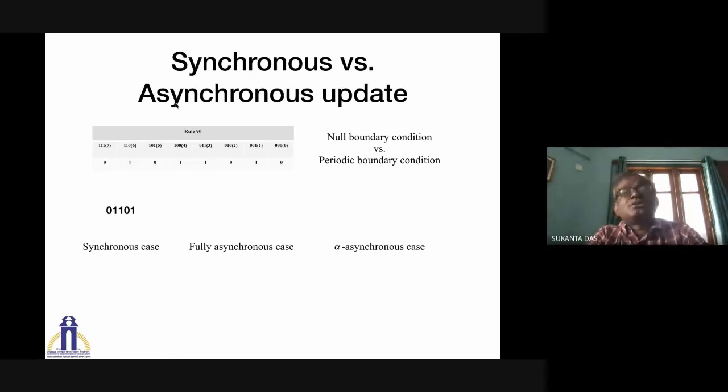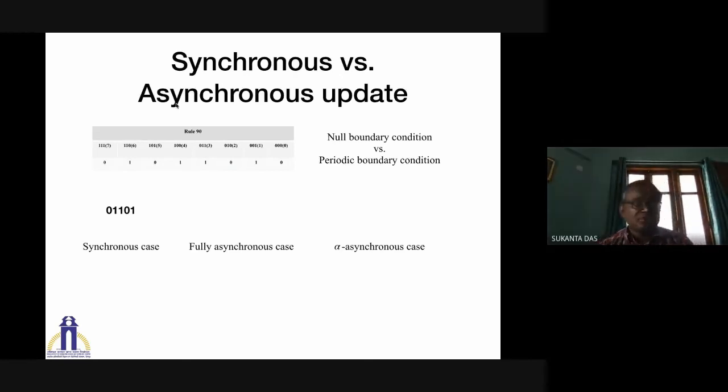There are many works which claim that this relaxation in the updating scheme is very natural, and that it helps us model many natural phenomena.